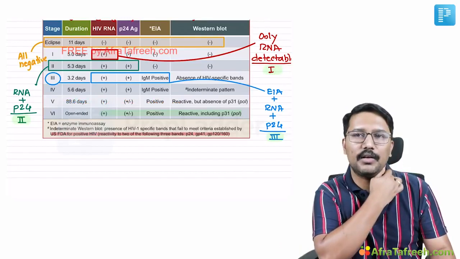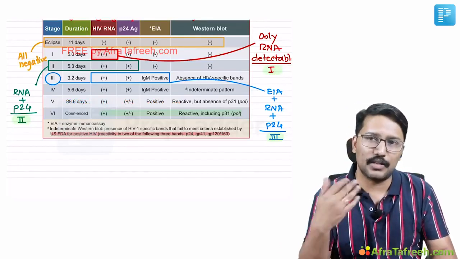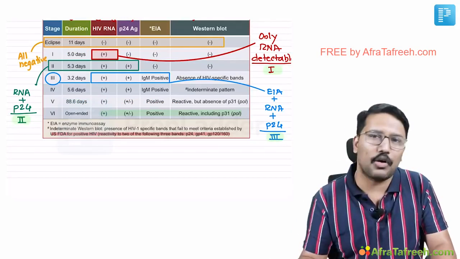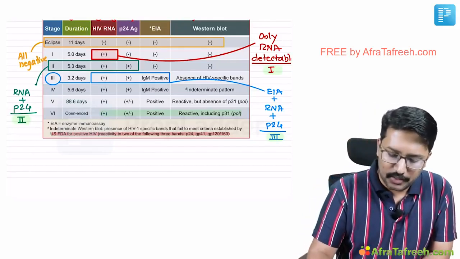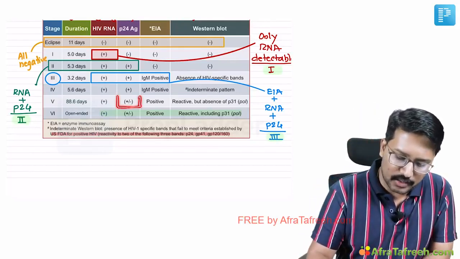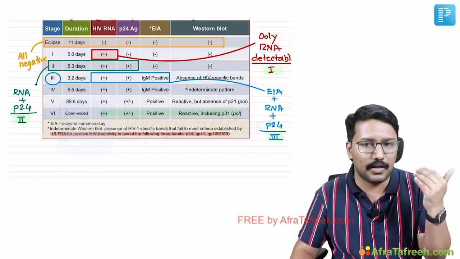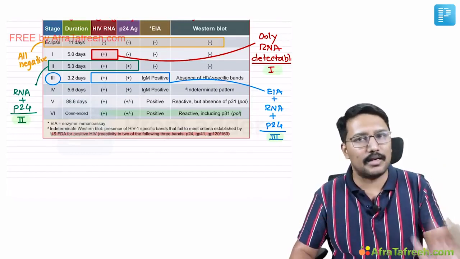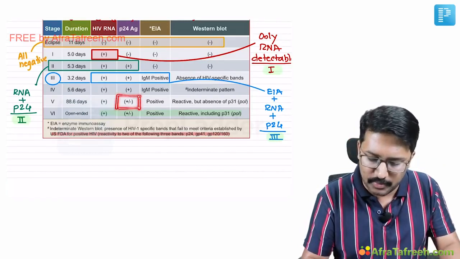So rarely, particularly those slow progressors that we are talking about, the elite controllers, in those patients RNA may go to an undetectable level. Otherwise, in a normal person, RNA remains detectable, right? But your P24 antigen may become non-detectable at this point of time, because the immune system will inhibit the replication to some extent, so that the P24 is not detectable, at least in some set of patients, right? So P24 in stage 5 may be plus minus.